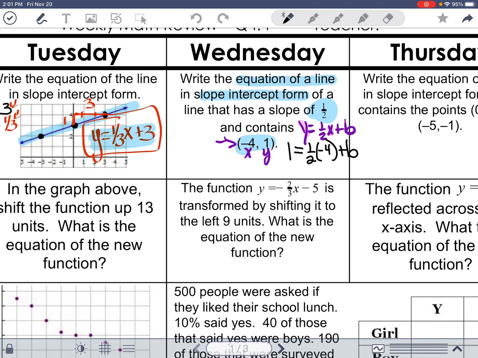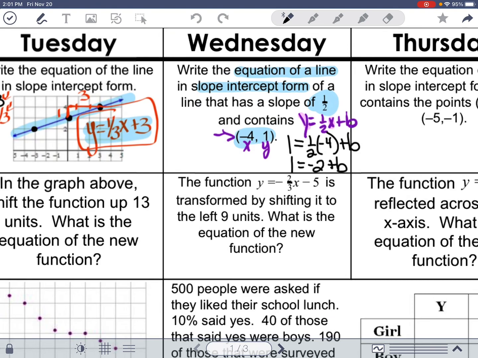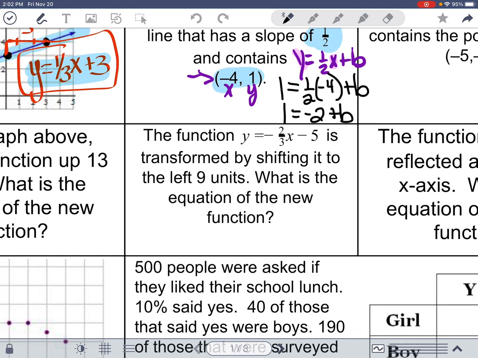Now, you can do the multiplication of the fraction times -4 in your calculator, which is going to give you -2 plus b. The b is what we're trying to solve for. So in order to get the b by itself, I have to add 2 to both sides.